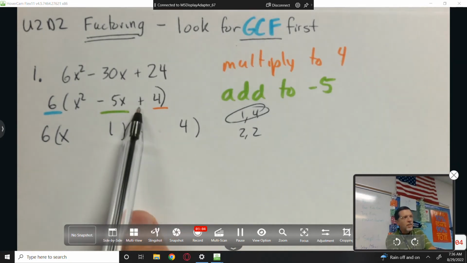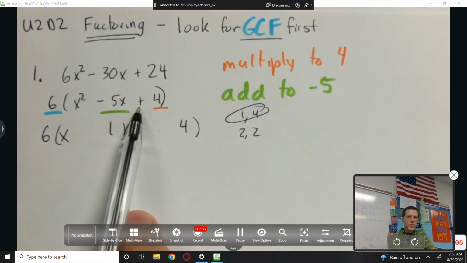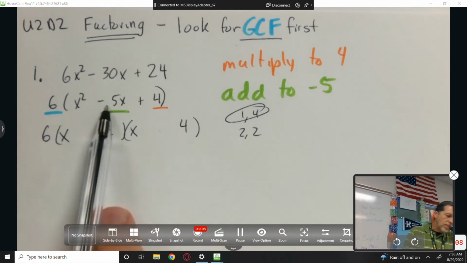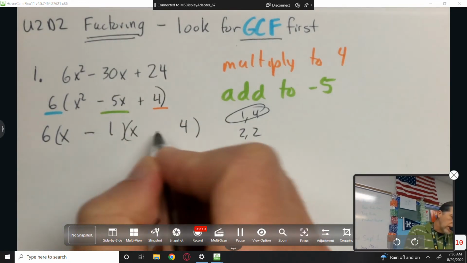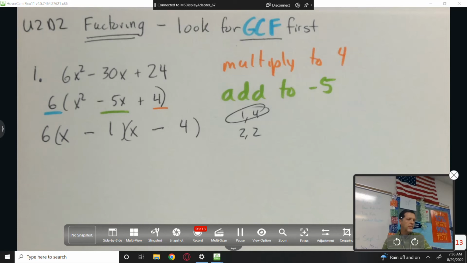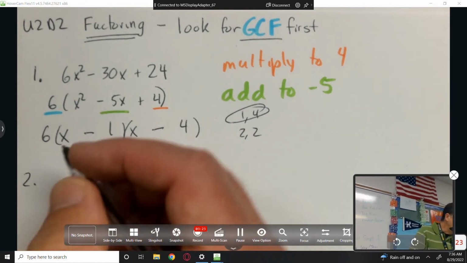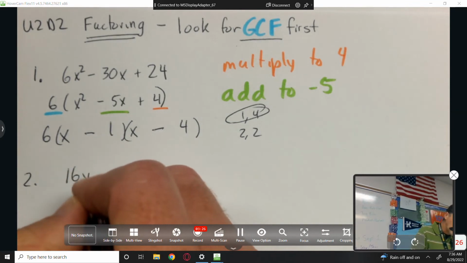Remember, if this is positive, they've got to be the same sign so that they multiply to be a positive. If this is negative, then that'll force them both to be negative. I hope that took me 5 times longer than it would take you. Like I hope you've done enough of these where factoring is kind of second nature.